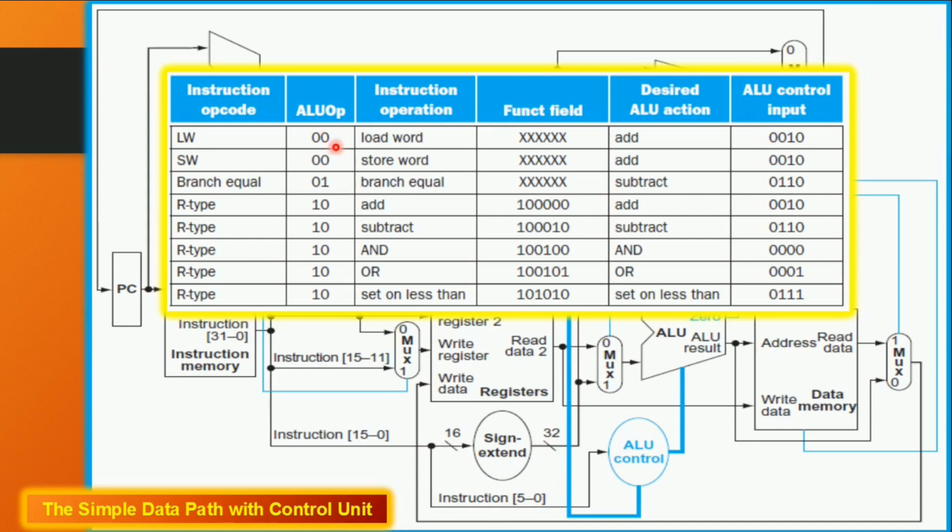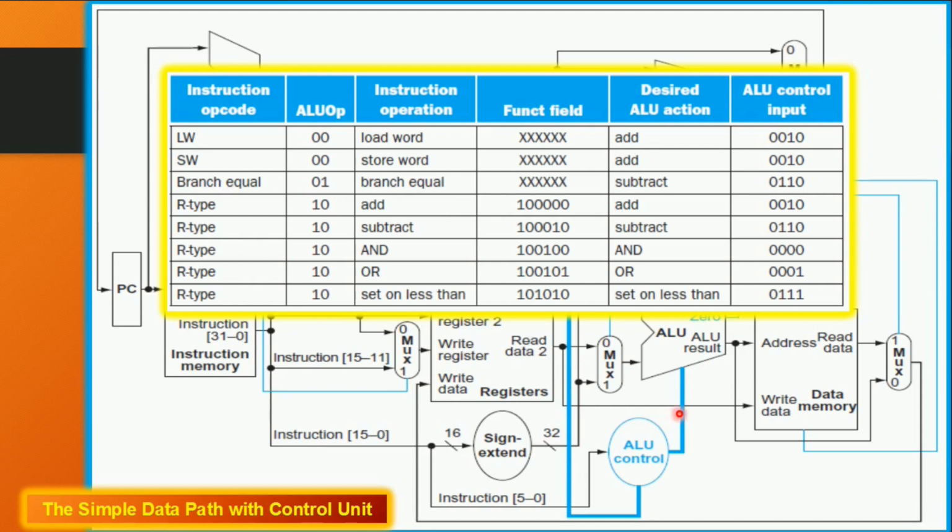Likewise, for memory reference instructions like load word as well as store word, ALUOp will be 00. At that time, the ALU will be performing addition based on the 4-bit control signal 0010. So 0010 is the control signal to the ALU to perform addition. In the case of a branching instruction, the 2-bit ALUOp is 01.